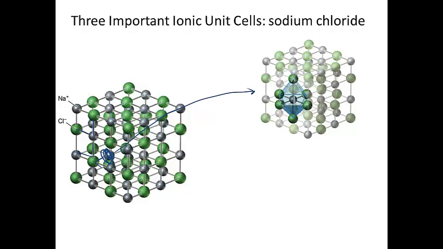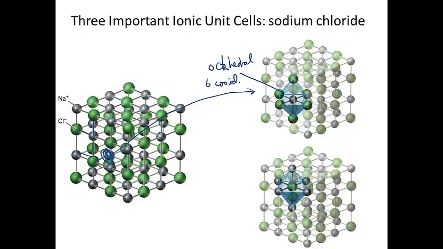It sits in an octahedral hole, and it's 6 coordinate. You can also look at the anion, this anion right here, and the chloride ion is also 6 coordinate, meaning it's in close proximity to 6 sodiums surrounding it.